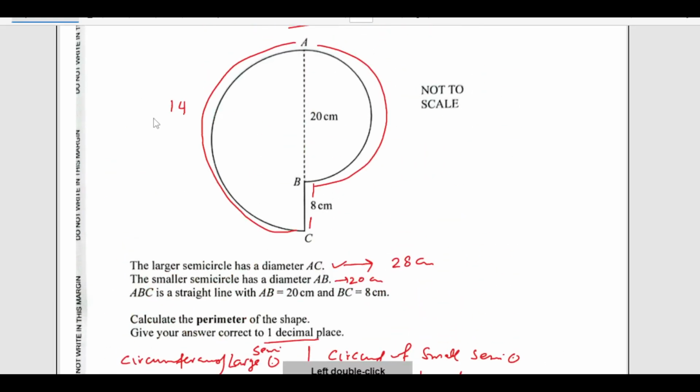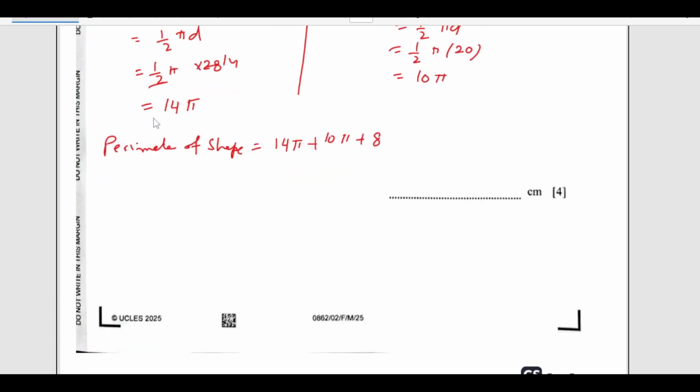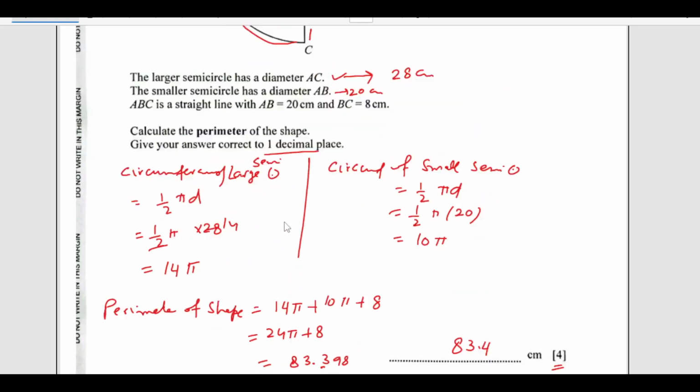So this one is 14 pi, this is 10 pi, and then we are adding this 8 over here. So this is 24 pi plus 8. You just plug in the values, and I got 83.398. He's asking to write the answer correct to one decimal place. One decimal place is 83.4. So 83.4. This is a 4 marks question. Make sure you write each and everything whatever is required, right?